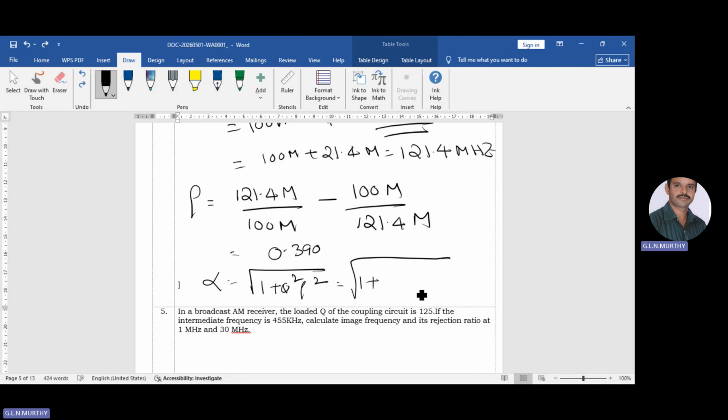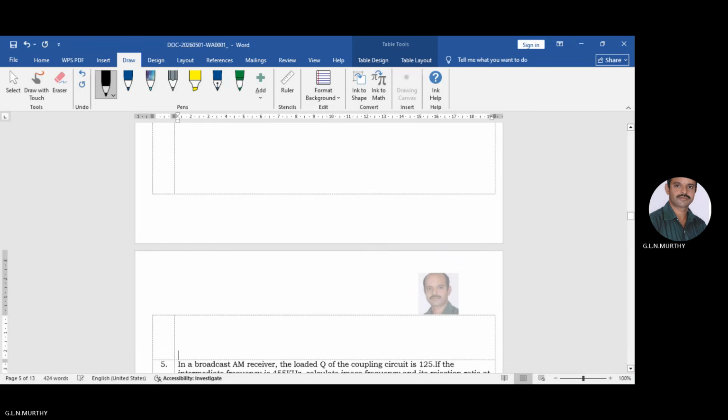So 50 square into 0.39 square. Completed.